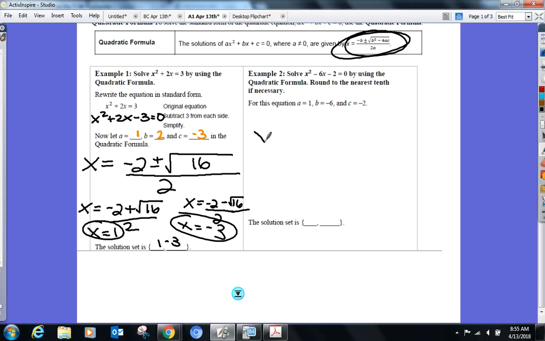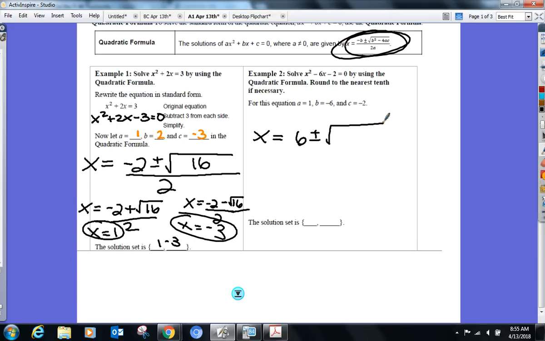Let's plug it in. X equals, what's your b value? -6. So when I plug it into the quadratic formula, which says -b, it's going to become +6. Plus or minus, I don't put anything in that radical. I store everything in my calculator. Store 1, store -6, store -2.